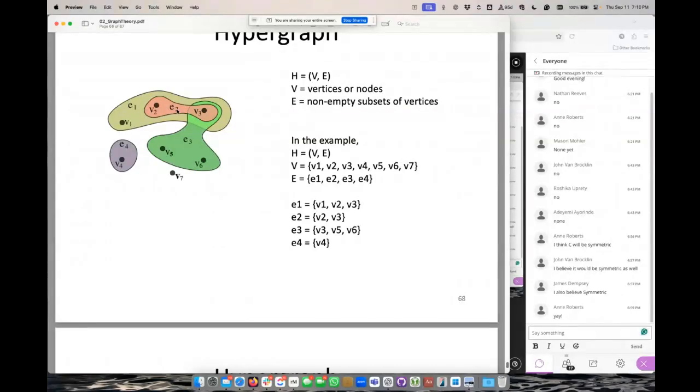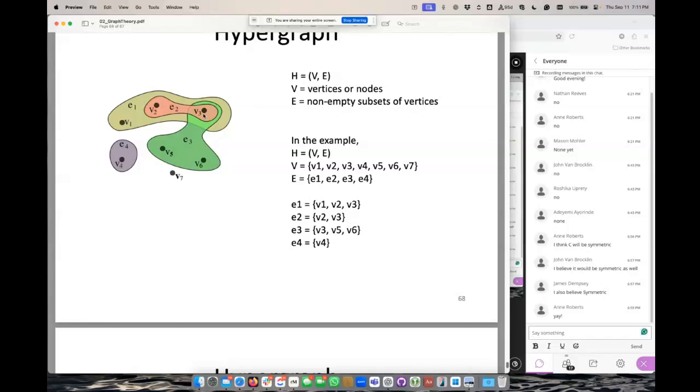For V2, again, the same thing. V2 is part of this relationship, right? So we are not going to say V2's degree is 2 because of these other relationships, only V2 and V3, right? V3, on the other hand, is part of multiple relationships, E1, E2, as well as E3, right?